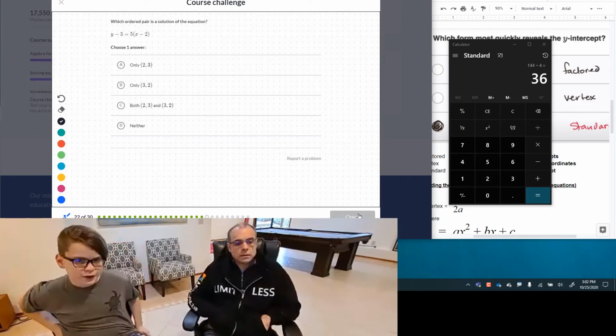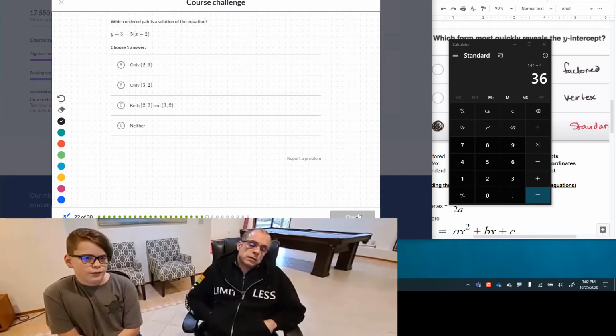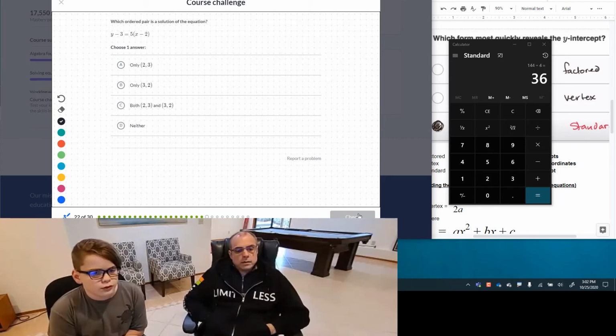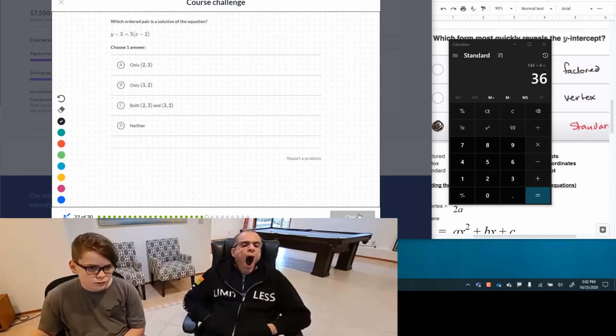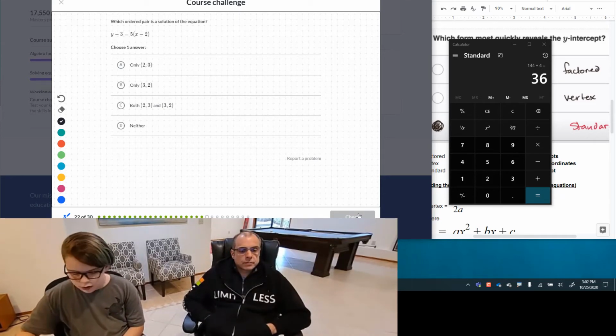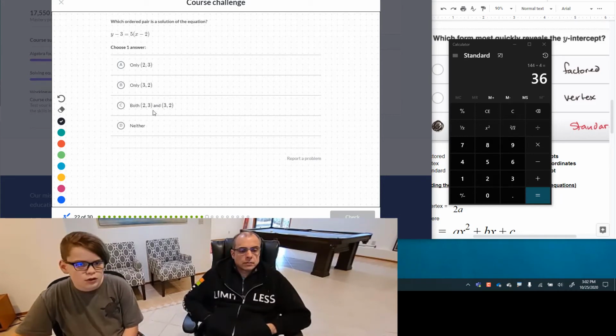Which ordered pair is a solution of the equation? Well, I can simplify it.